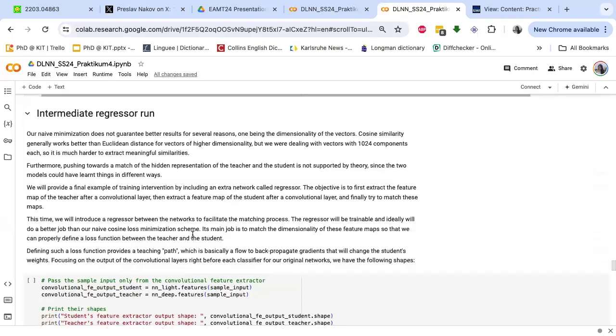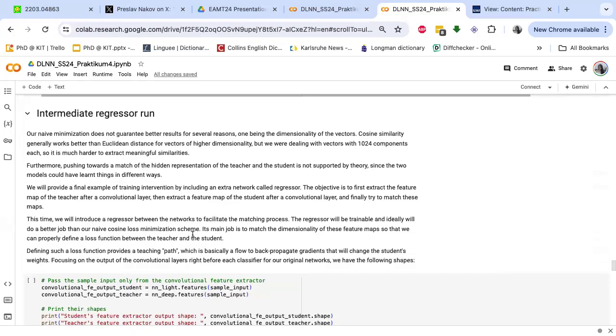Okay, the last part is to do an intermediate regressor run. The minimization of the two hidden representations that I just told you is quite naive, because it can happen that the teacher model is bigger, so it learns the hidden representation in a different way compared to the student.